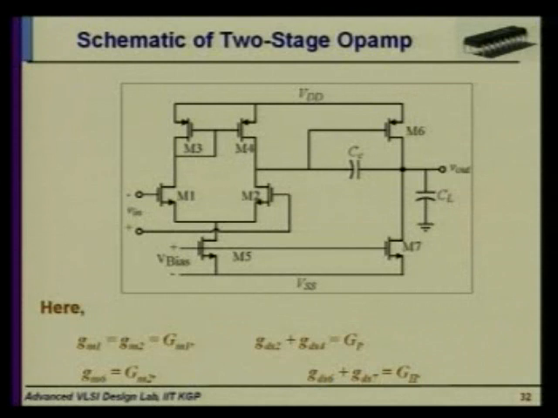This will obviously affect the Vout via the M6 transistor or via M4 and CC. If any perturbation happens in VDD, it will affect Vout through M6 or through M4 and CC. The same thing happens for VSS also. If any perturbation happens in VSS, it will affect Vout via M7.